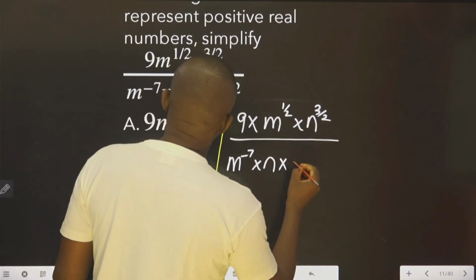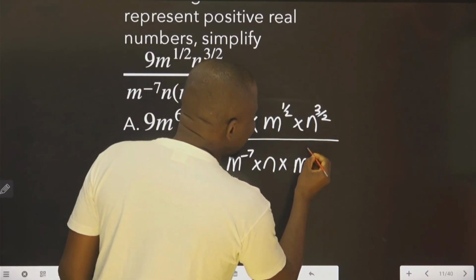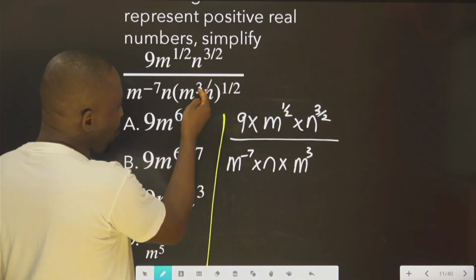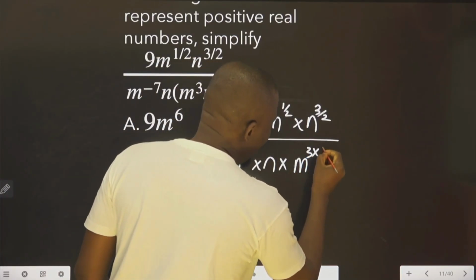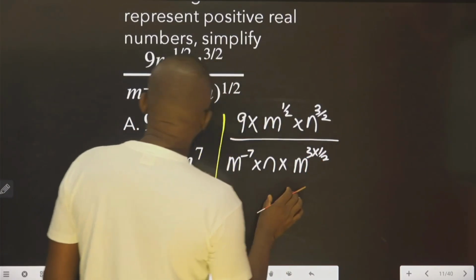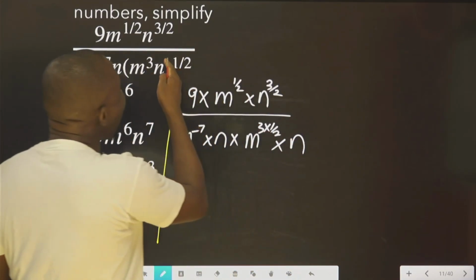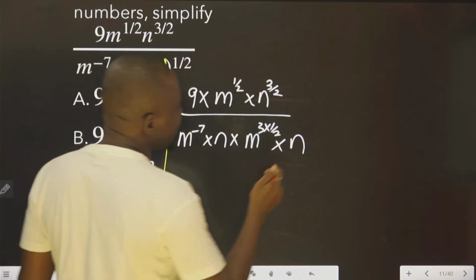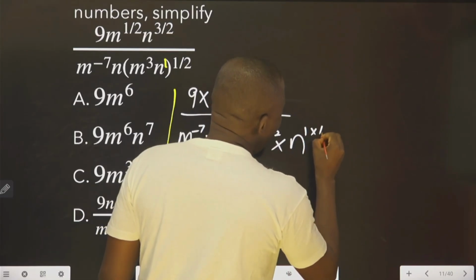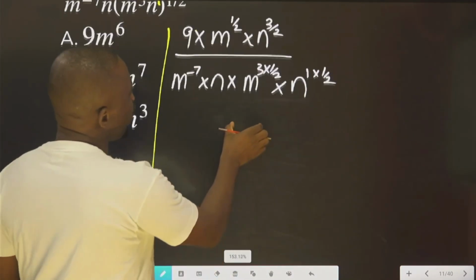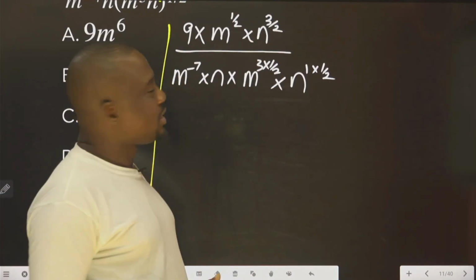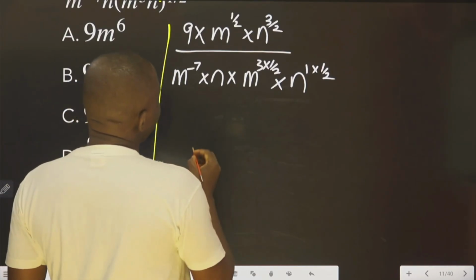This is what? m raised to power 3. Whatever I say, we multiply it by this 3. That is multiplied by 1 over 2. Then we say multiply again, n. Remember 1 is here. Multiply by this, that is 1 multiplied by 1 over 2. Okay? I have something to work with now. Let's continue.